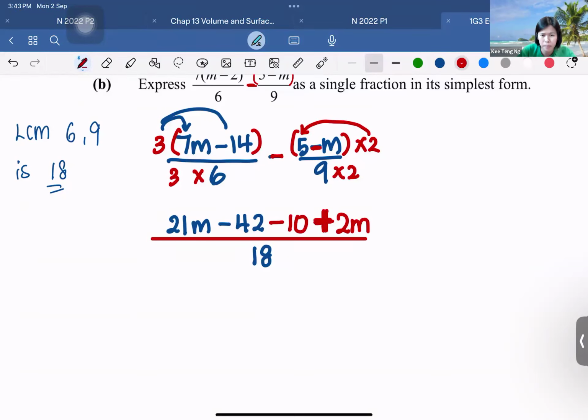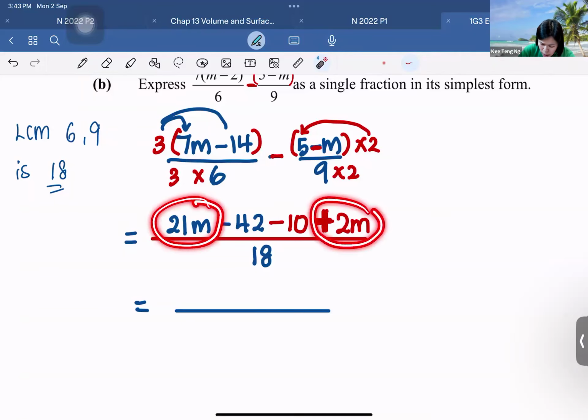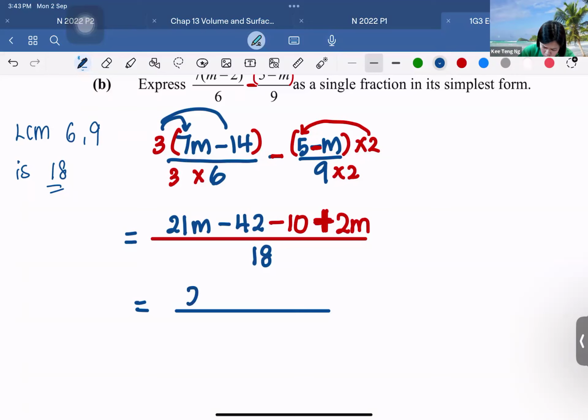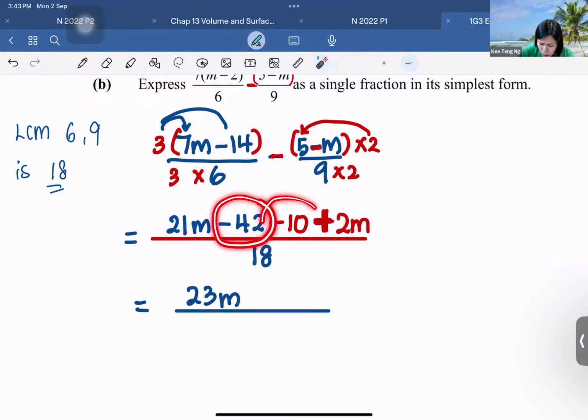2m. Okay, so the highest chance for students to make a common mistake is down here. Do you change the sign correctly? Okay, then we combine this, simplifying it. 21m with 2m will give me 23m. Minus 42 minus 10.